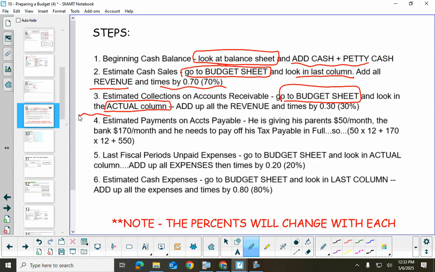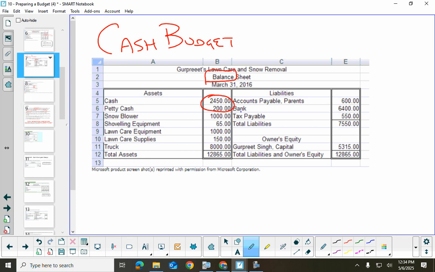So Gurpreet is going to give his parents $50 a month for the money that they lent him. He has to give his bank $170 a month for the loan payment. And he needs to pay off his tax payable in full. So tax payable, go to your balance sheet. Tax payable is $550.